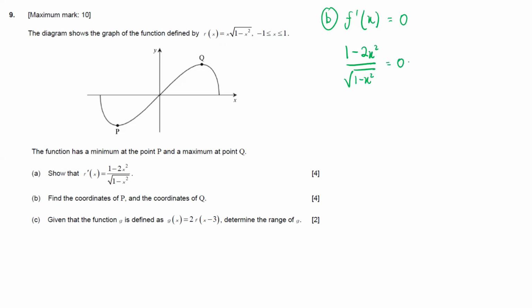It means, what will we have? Right here, we will have 1 minus 2x squared equals to 0. Now, simplify, we want to find the x-coordinates right here. So it's going to be 1 equals 2x squared. It means 1 over 2 equals x squared. It means that x equals the square root of 1 over 2. How can we have two answers? Remember, it can be plus minus.